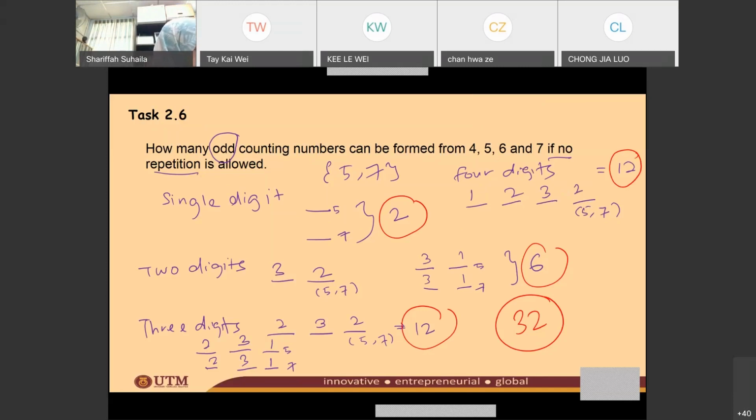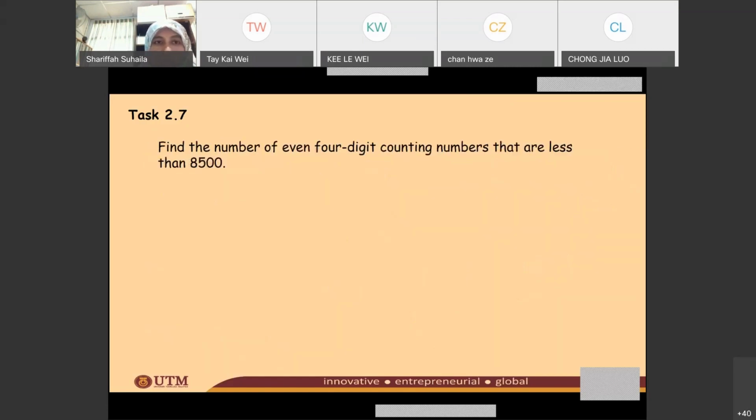Okay, ada apa-apa soalan tak this one? Task 2.6. Ya, follow lagi. Okay, saya cuba kamu buat this one. Maybe I give you around 3 or 4 minutes. Cuba selesaikan dulu. Baca dulu dia punya soalan.